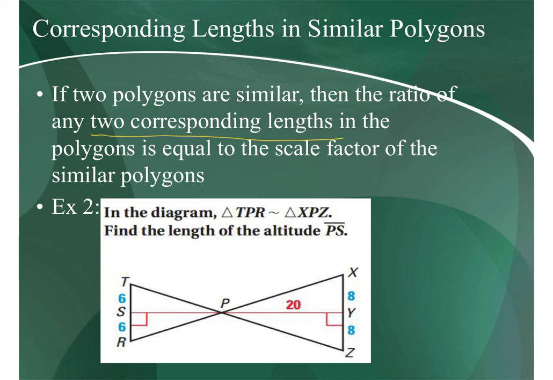So in this case, it's telling us that TPR is similar to XPZ. Find the length of the altitude. So the altitude is not a side, it's just a length of the triangle. But since it's a corresponding length, it is going to be similar as well. So it's going to follow the ratio of the scale factor, okay?